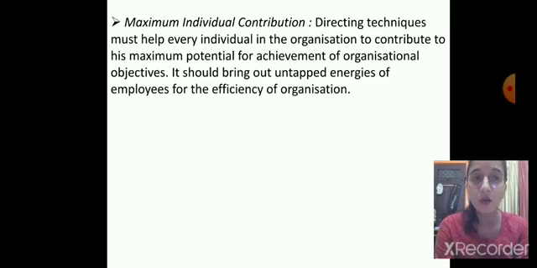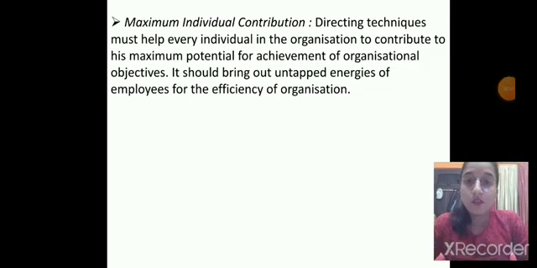It should bring out untapped energy of employees for the efficiency of organization. For example, a good motivation plan with suitable monetary or non-monetary reward can motivate the employees to contribute their maximum efforts in the organization, as he or she may feel that their efforts will bring them rewards.